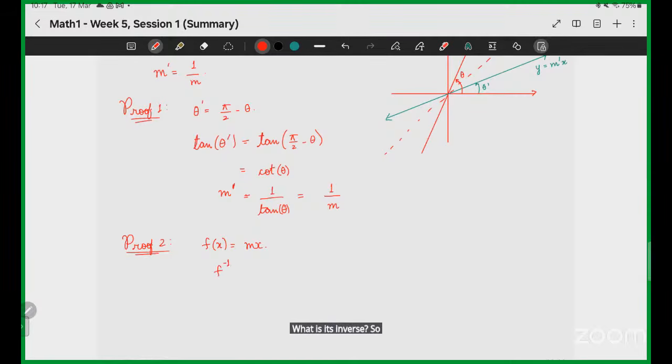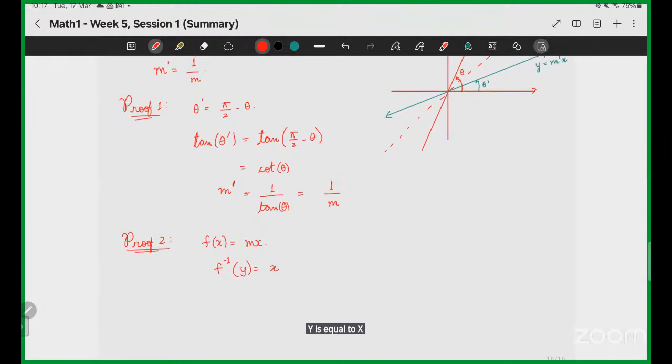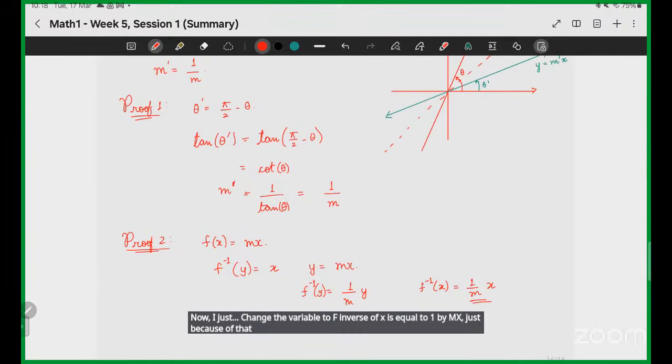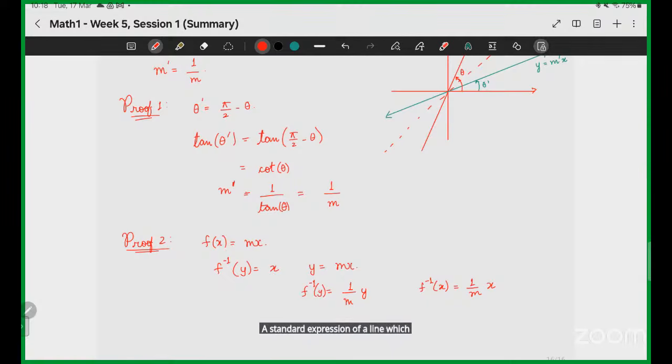Suppose f inverse of y is equal to x, as we have been doing, then we'll have y is equal to mx and x is equal to 1 by my, or f inverse of y is equal to 1 by my. Now I'll just change the variable to f inverse of x is equal to 1 by mx. And what is this? This is the standard expression of a line which passes through the origin with slope 1 by m.